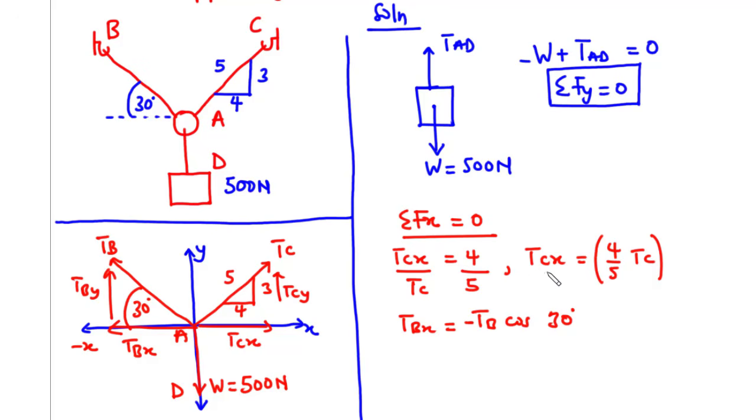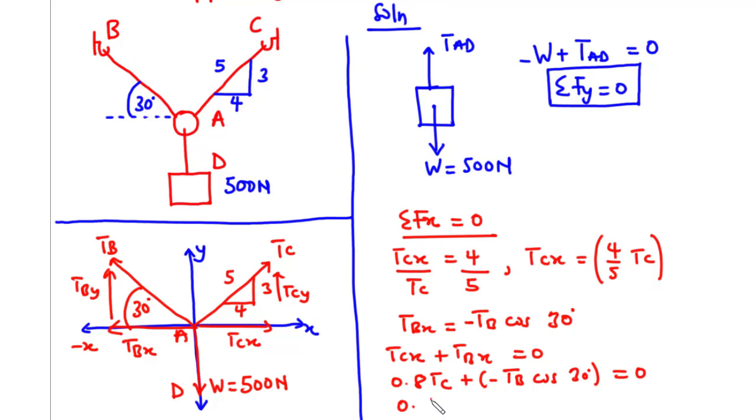So now let's add the two values, TCX and TBX, and equate to 0 according to the equilibrium equation. So we have TCX plus TBX equals 0. TCX can be simplified as 0.8 TC plus negative TB cos 30 equals 0.